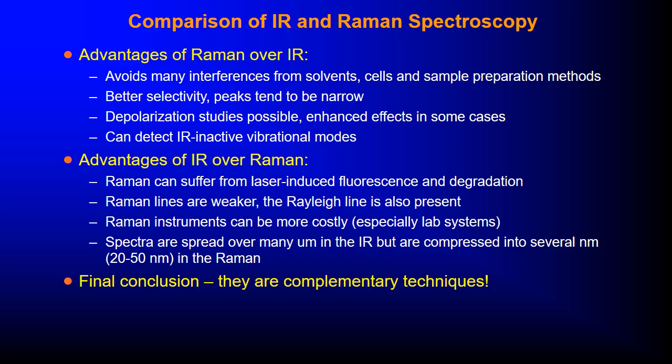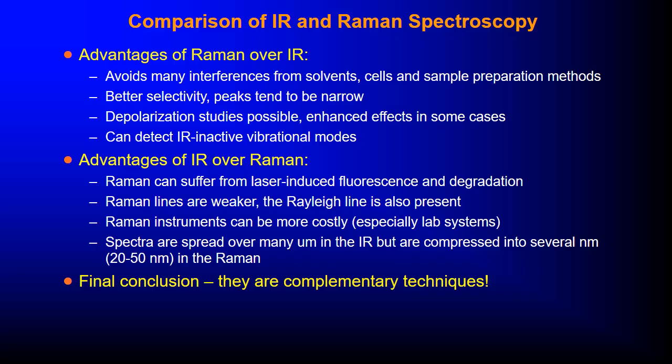Advantages of IR over Raman is that Raman can suffer from laser-induced fluorescence and degradation, which is not something observed in IR. There is nothing like fluorescence. Raman lines are weaker. The Rayleigh line is also present, so there is that interference. Raman instruments can be more costly, especially lab systems.